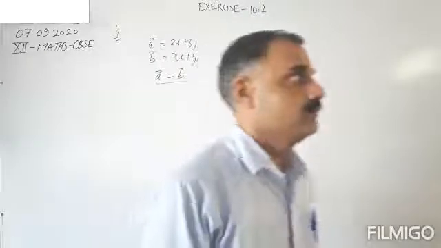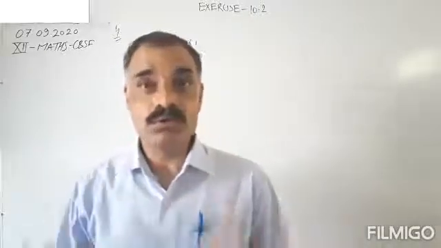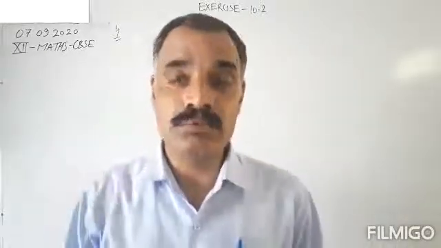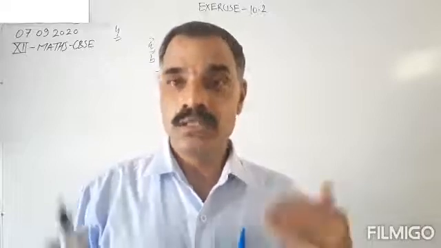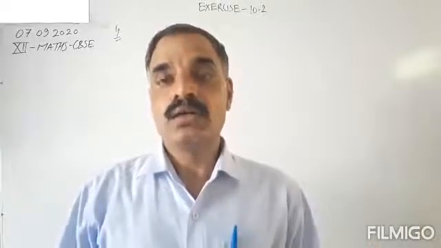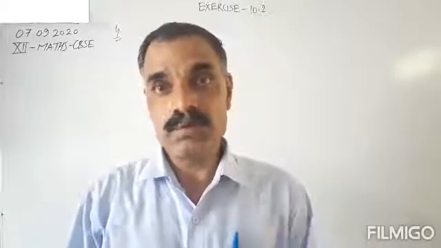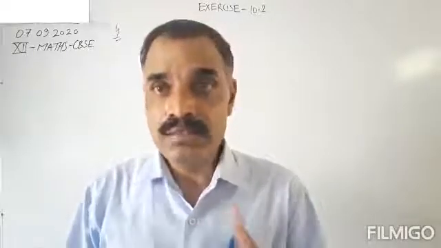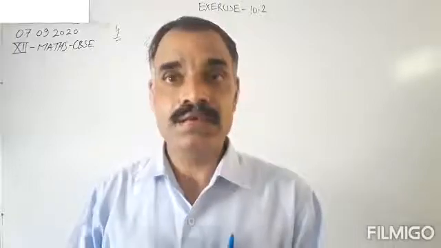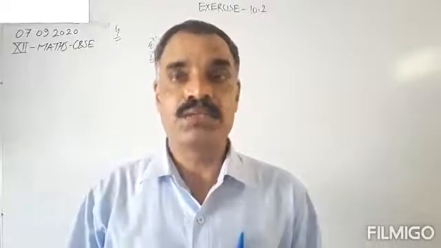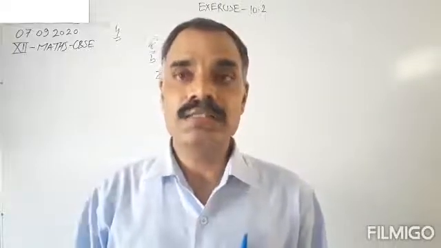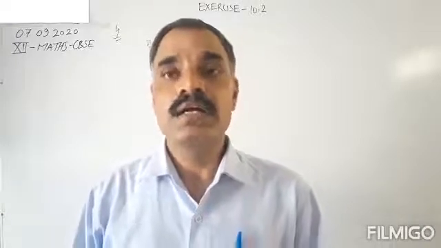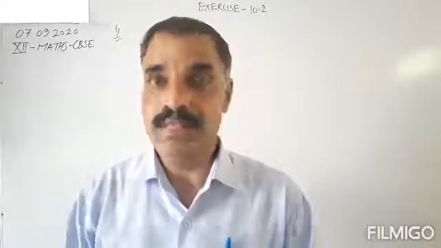Okay, and we have learned, or we know, that equal vectors are those vectors whose corresponding components are same. Means having the same direction and same magnitude. That is why having the same components.